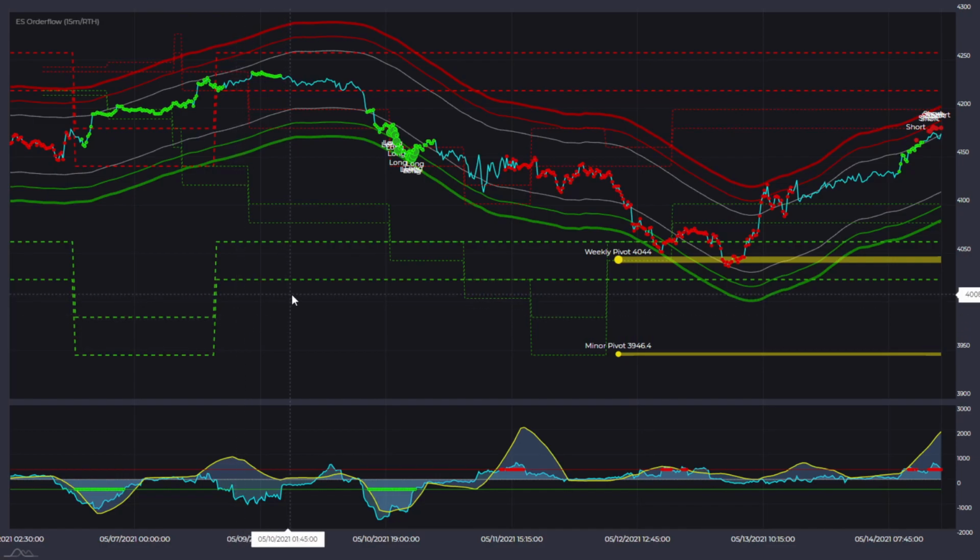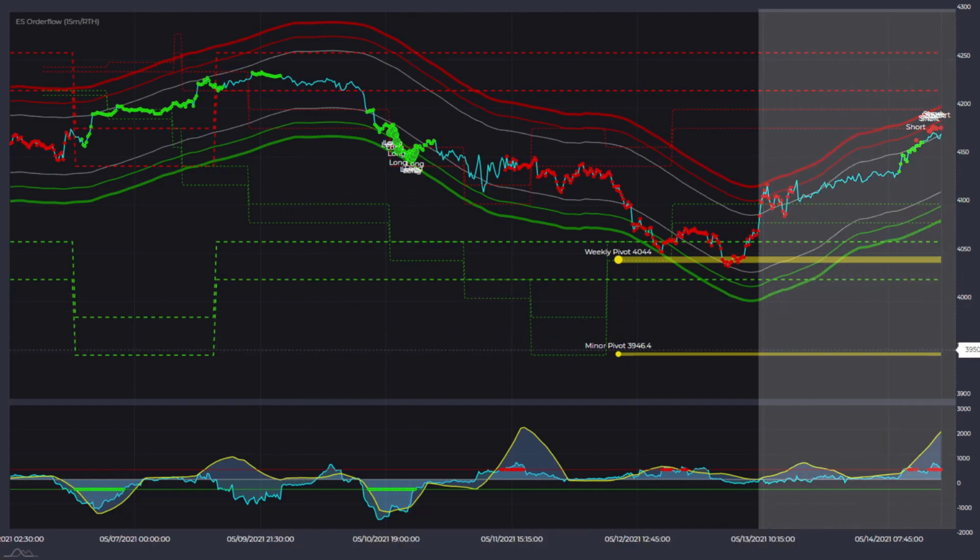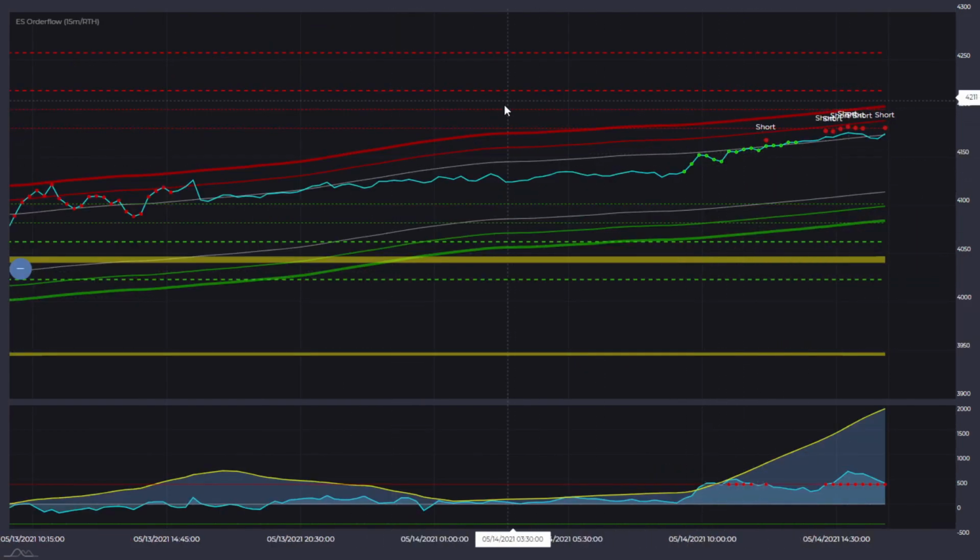You will also see these horizontal levels, right? You have a pair of these, a pair of these, a pair of these, and a pair of these levels. And these are great levels of support and resistance.